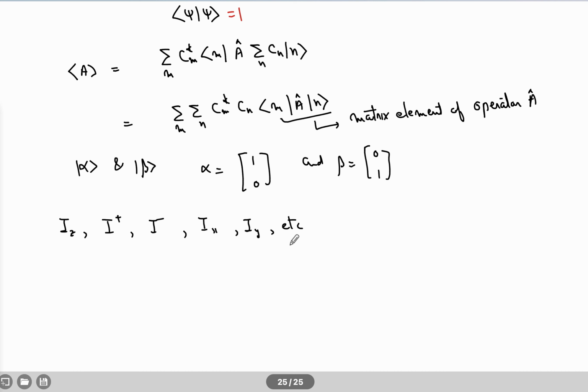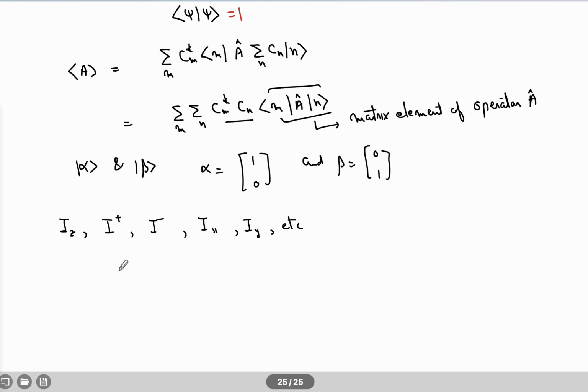We had written matrix representation for all of this. Now let us see how to find the cm star cn. If we can write the matrix, we can identify the matrix element. Now the job is to identify the cm star cn part if we want to know the expectation value, right? So this part is easy. Now this part cm star cn, let us try to find out how to write this part.